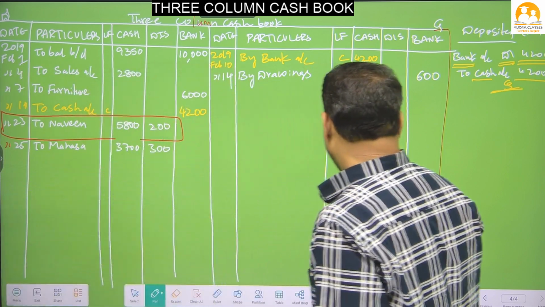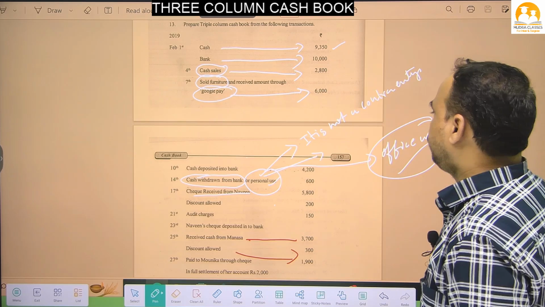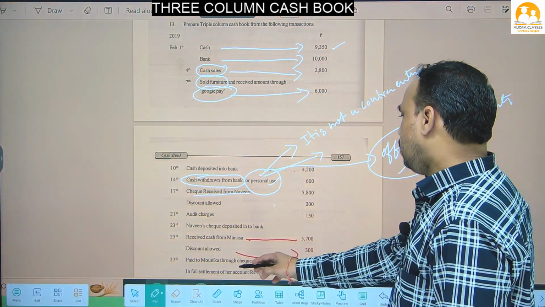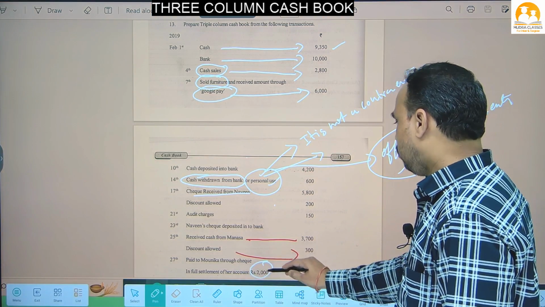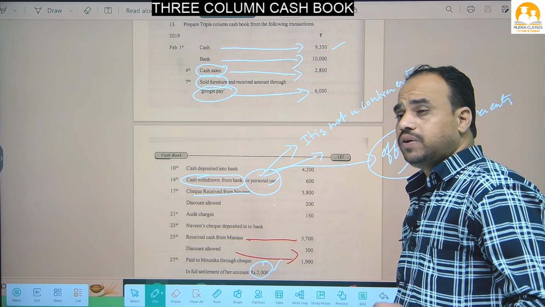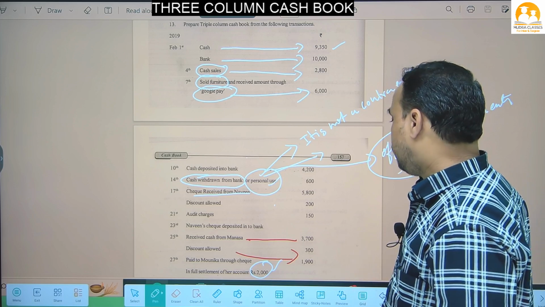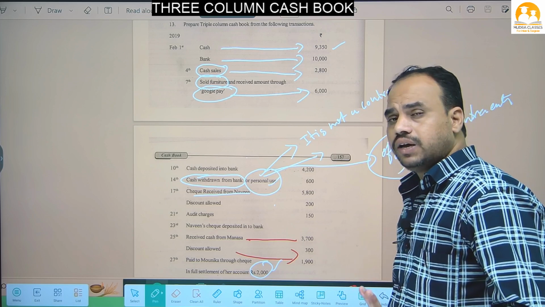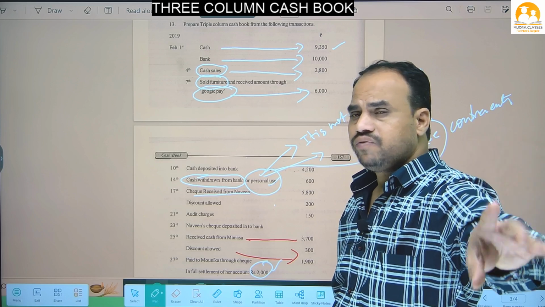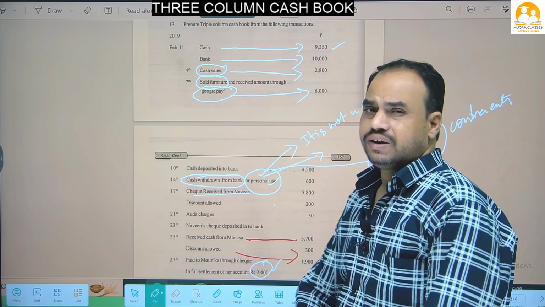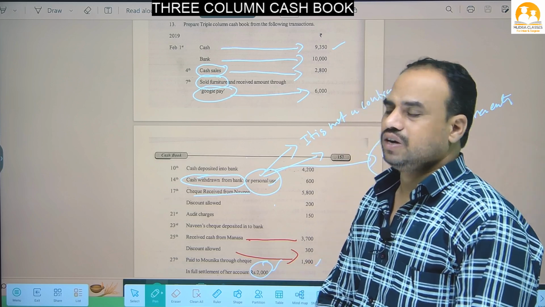Okay, let's see the next transaction. Paid to Monica through check in full settlement of his account 2000. Actually, we are liable to pay 2000 rupees to Monica, but we paid only 1900. That means the remaining 100 rupees is discount.